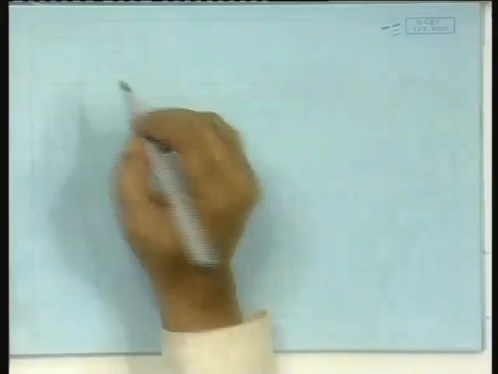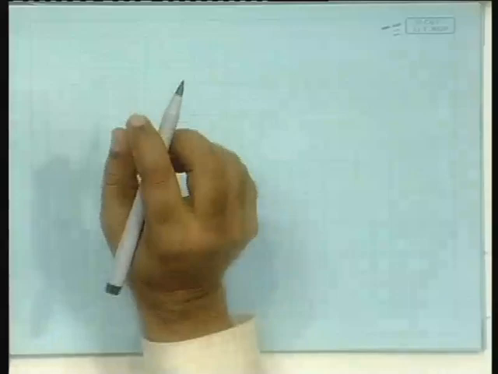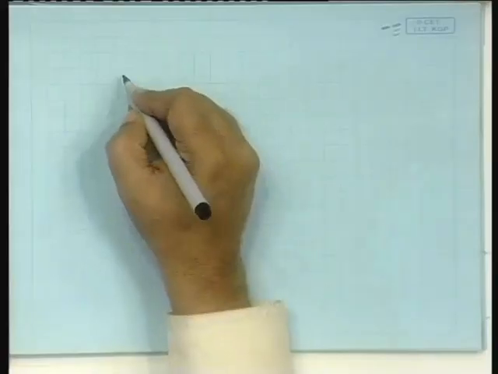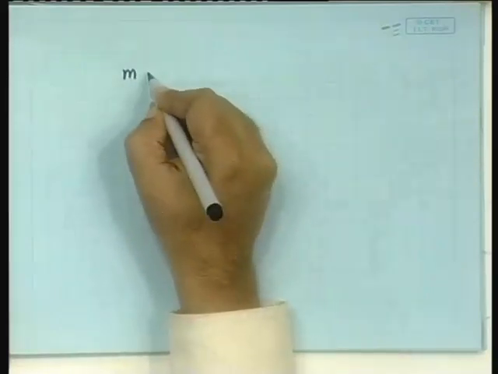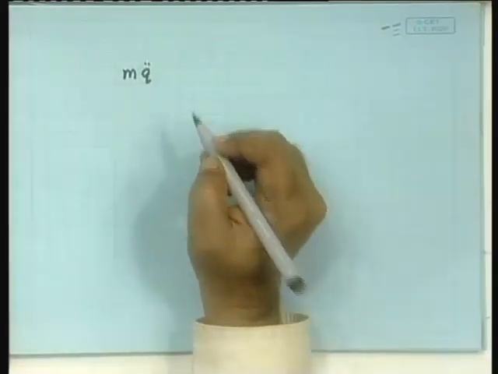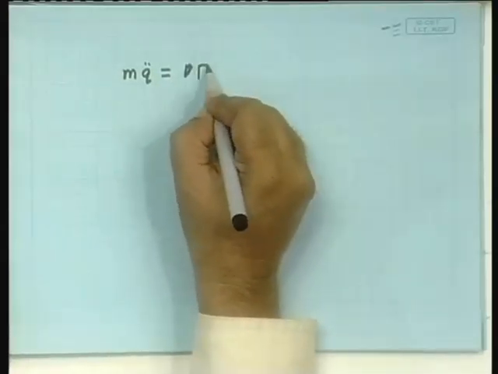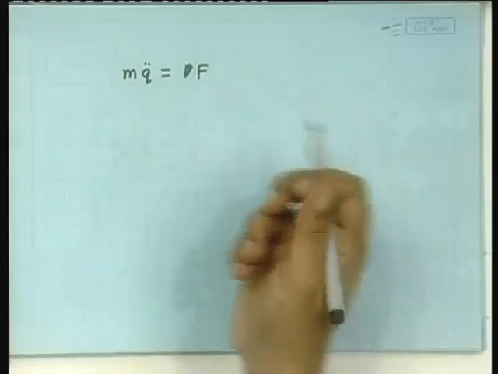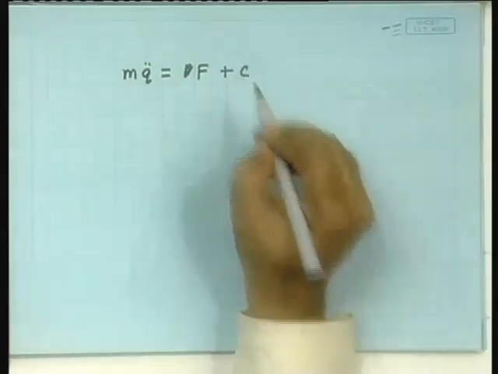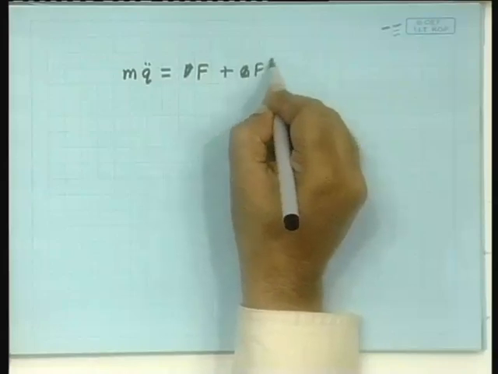In the last class we had basically achieved the derivation of the Lagrangian equation. So, what actually did we do? If there are n number of bodies in a system, each marked as j, then for each body the equation in the Newtonian way would be m q double dot equals the applied force plus the constraint force, F c.